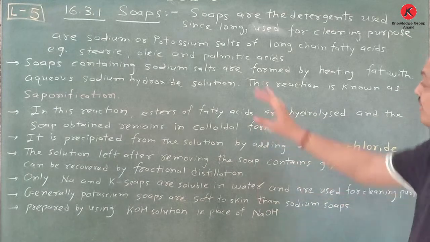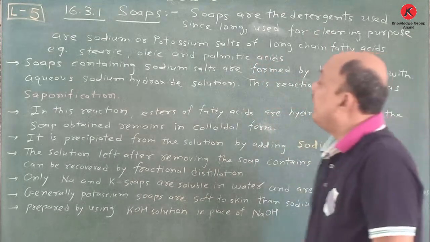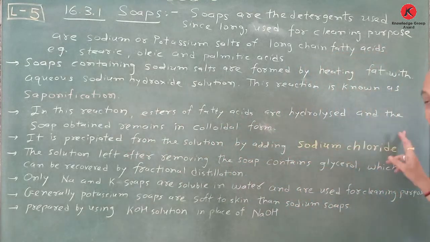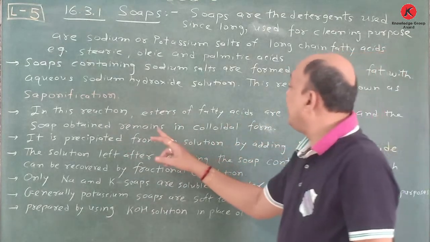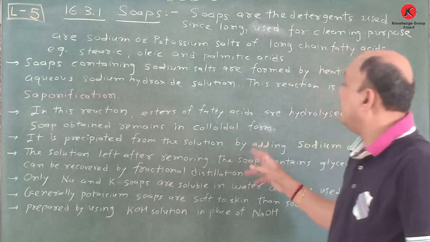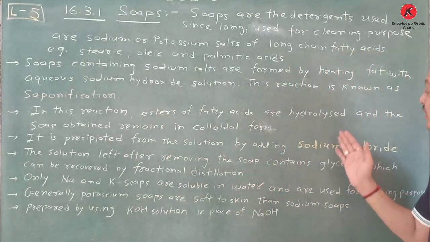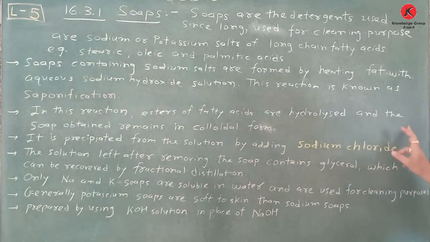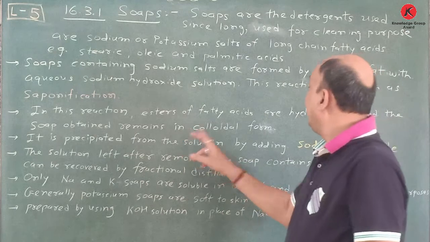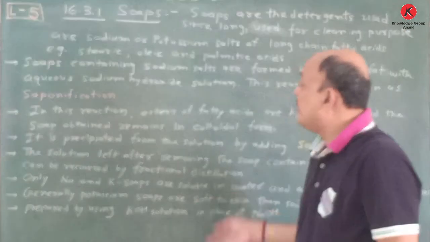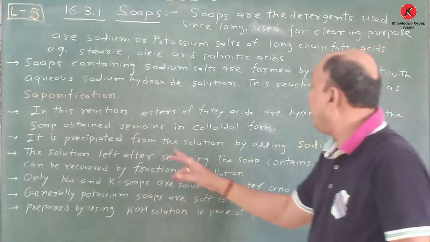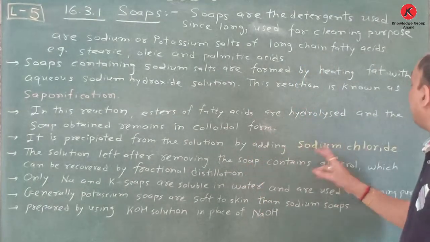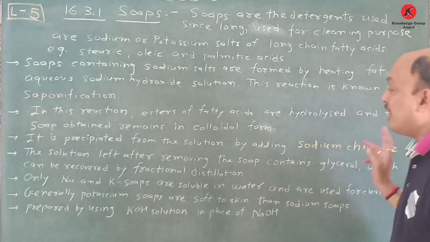So define saponification. Here you have to write up to this. In this reaction, esters of fatty acids are hydrolyzed and the soap obtained remains in colloidal form. It is precipitated from the solution by adding sodium chloride.